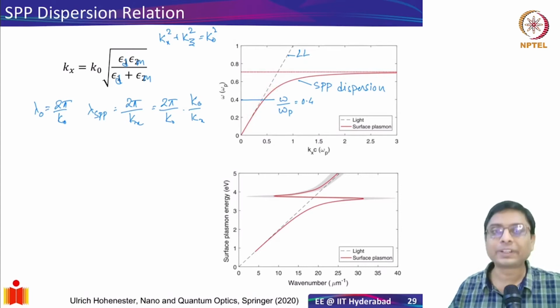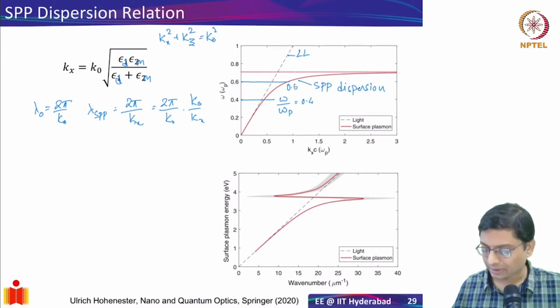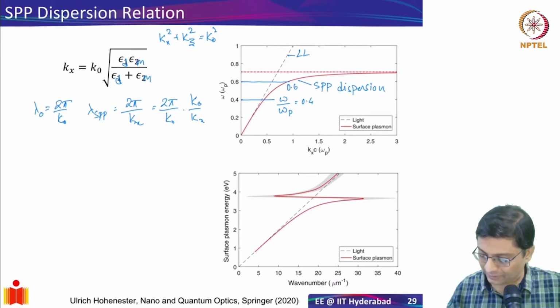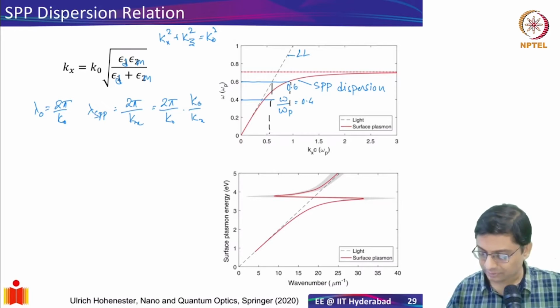Whereas, if I take another frequency, let's say this one, omega by omega p equal to 0.6. Now, clearly you see that at this frequency, my k naught is going to be roughly 0.5, whereas my kx is roughly 1.